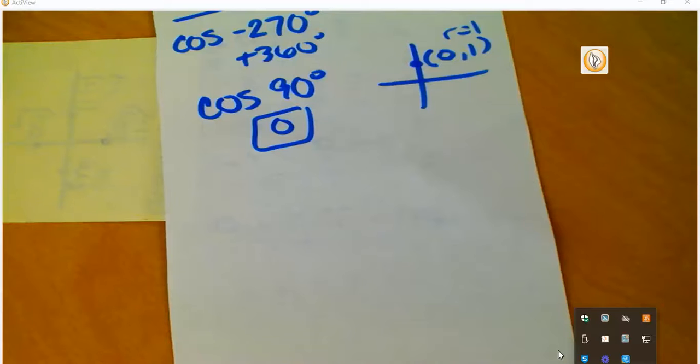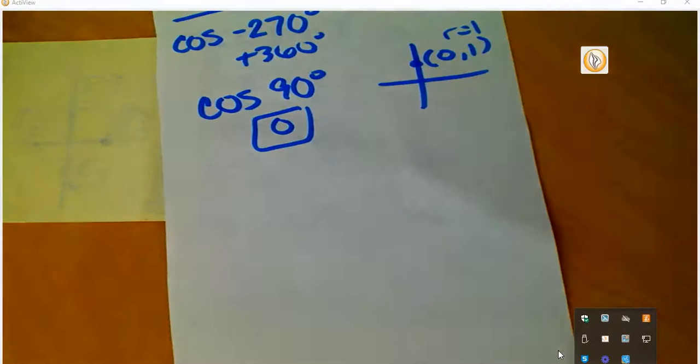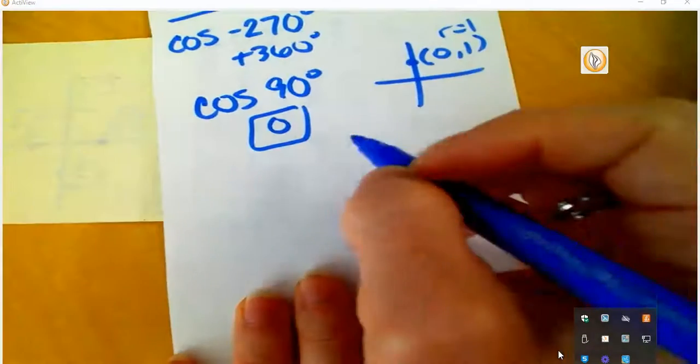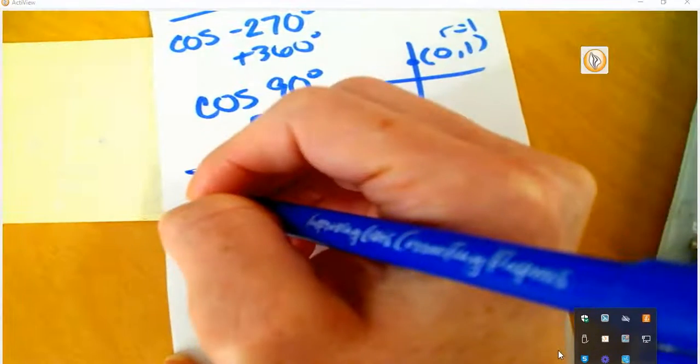So yesterday I gave you the first half of the problems in this section. I'm going to give you the rest of them now, and you've got the rest of class to work on it.